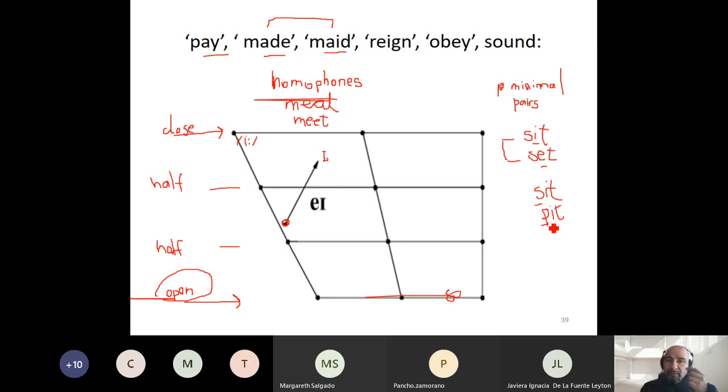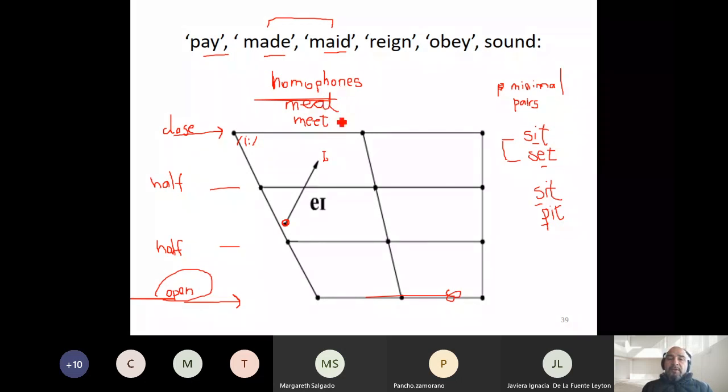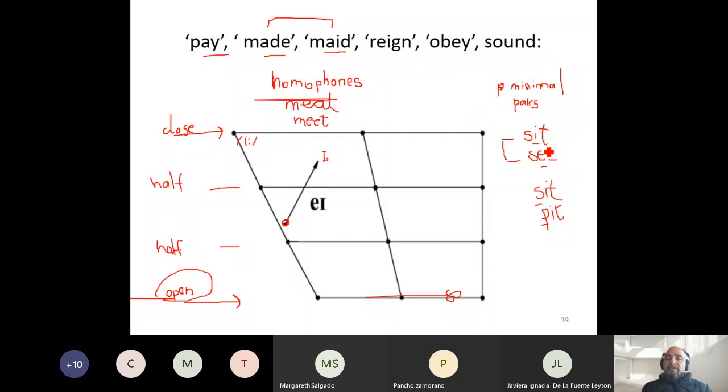Okay, so it's not the same. We're talking about homophones, 2 words that sound the same but have different spelling, and 2 words which contain only 1 phoneme which is different. Okay, so that's something to remember.